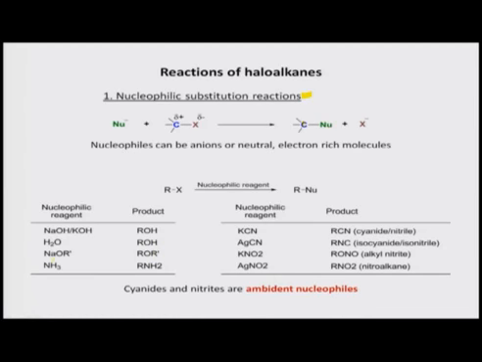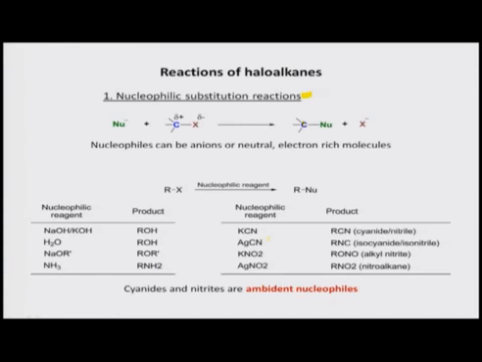Similarly, I started off by telling you about ammonia, which is a nucleophile. If you treat ammonia with an alkyl halide, we get the corresponding amine. So HX comes out in these cases, ammonia is a neutral molecule, and we get RNH2, an amine, as the product. Now in the second set of columns that I have here, I have rather interesting nucleophiles.